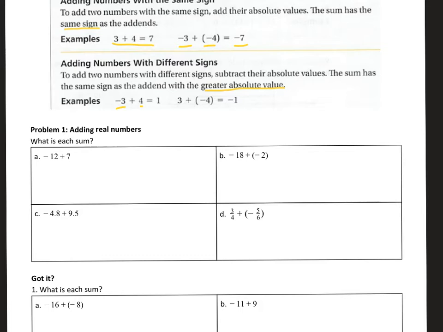The bigger absolute value is 4, and 4 is positive, meaning our sum would be positive. For 3 plus negative 4, 4 minus 3 is 1. We take the sign of the bigger number, which is negative 4, meaning our sum is negative 1.